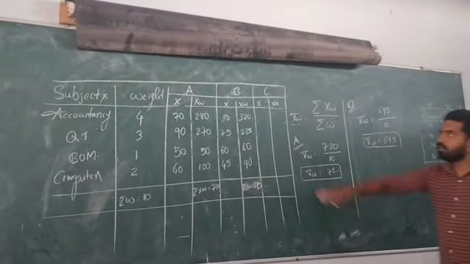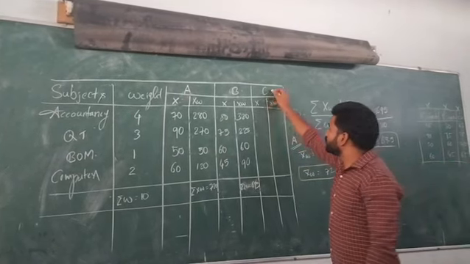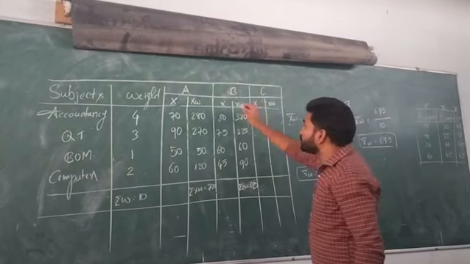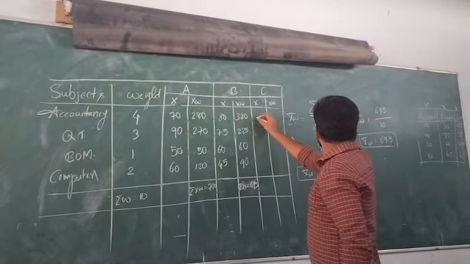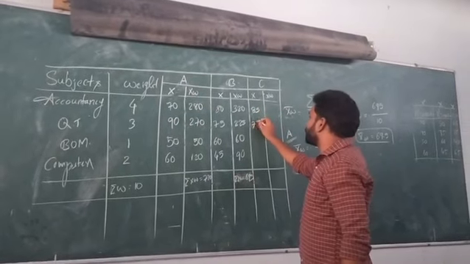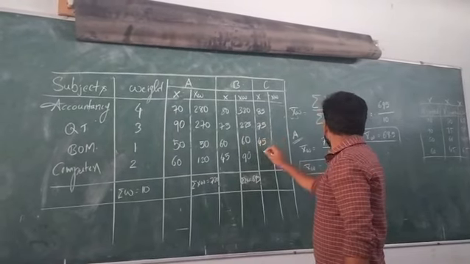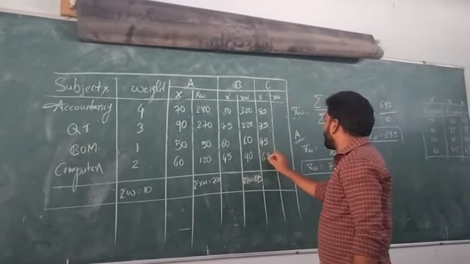Next, find the student C weighted average marks. So student C got 85 marks in accountancy, 75 marks in QT, 45 marks in POM, 65 marks in computers.